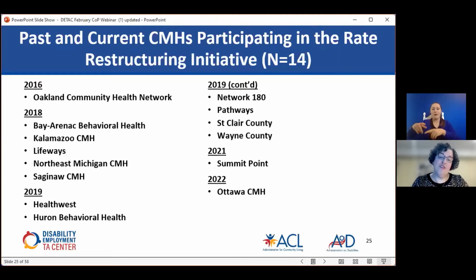And then 1 started purchasing Discovery but continued to reimburse on a fee-for-service model due to system challenges with claims. And then there are 2 that we're currently starting to work with for 2020, 2021, and 2022.